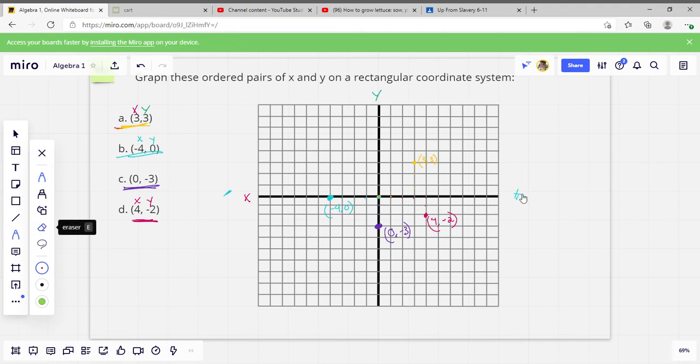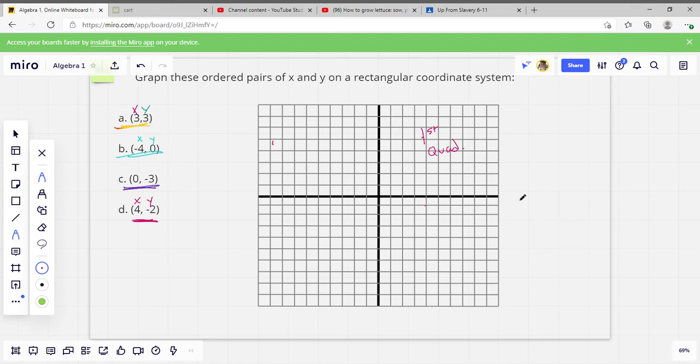A couple of other things you need to know about the coordinate system. It's kind of broken into quadrants. You see how that is in four sections there. And these sections are numbered. So we've got the first quadrant right here, this top one.